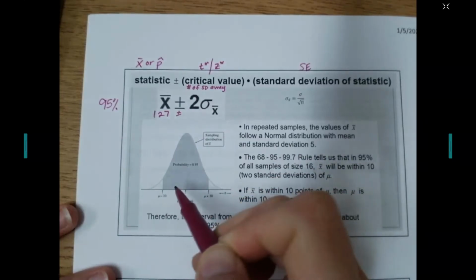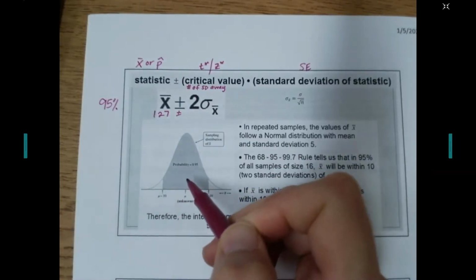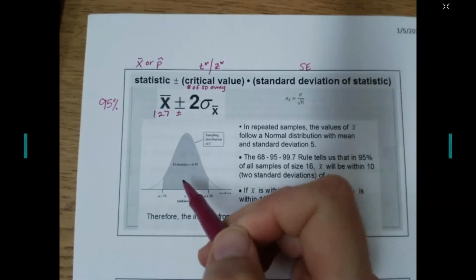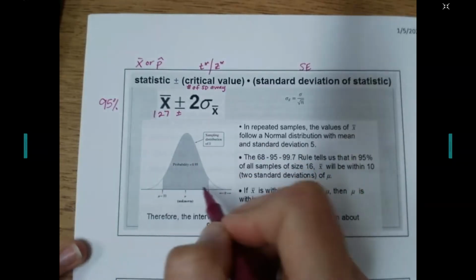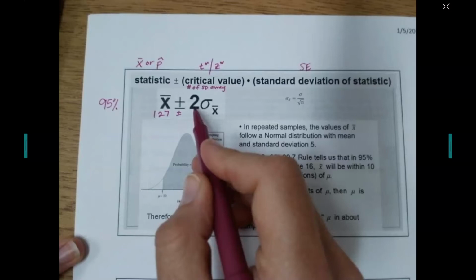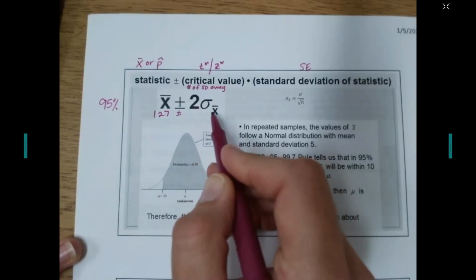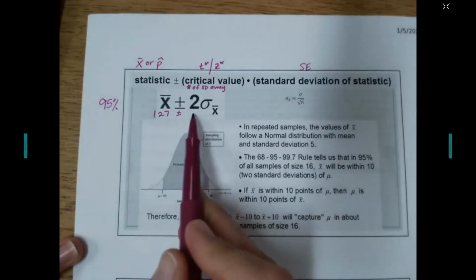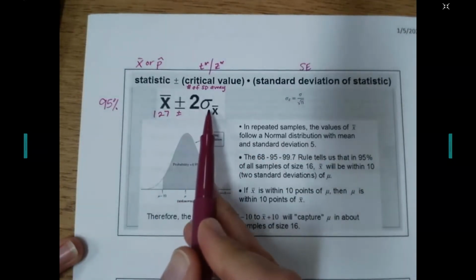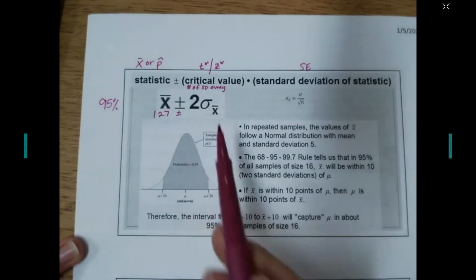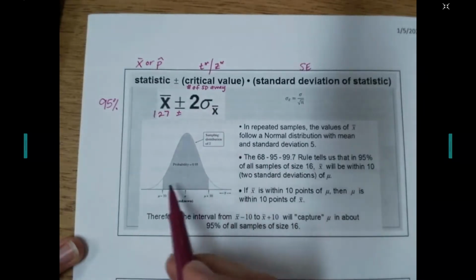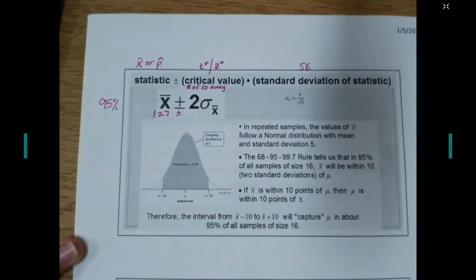Well, we know from the empirical rule, 68, 95, 99.7, that the middle 95% is 2 standard deviations away from the mean. So that's where that 2 comes in. And then times whatever the standard deviation of that mean is, and that would give me my margin of error. So 2 times the standard deviation would give me the margin of error. It would give me the middle 95% range. And that's how we calculated that.